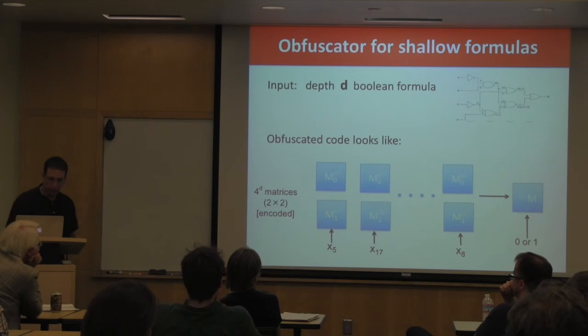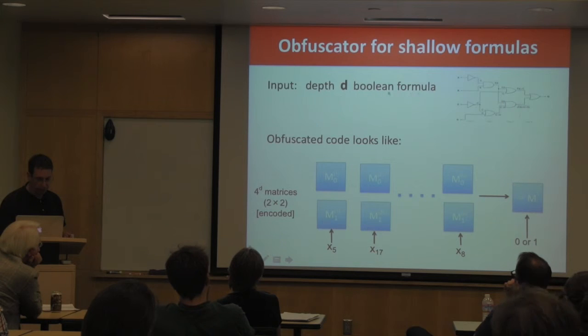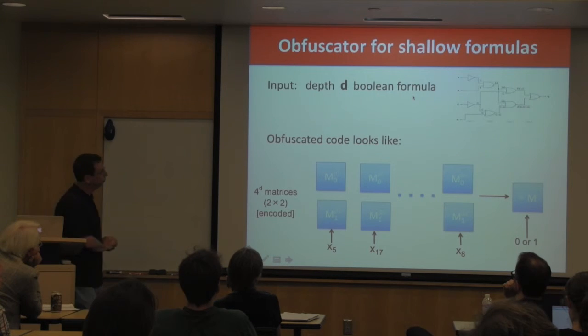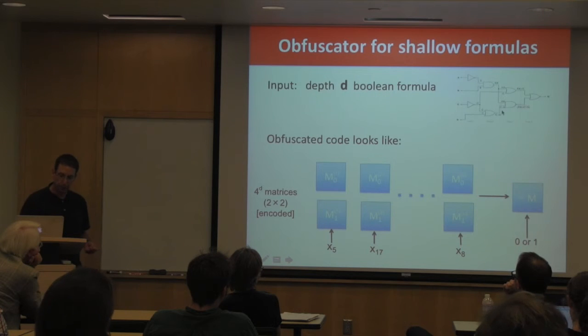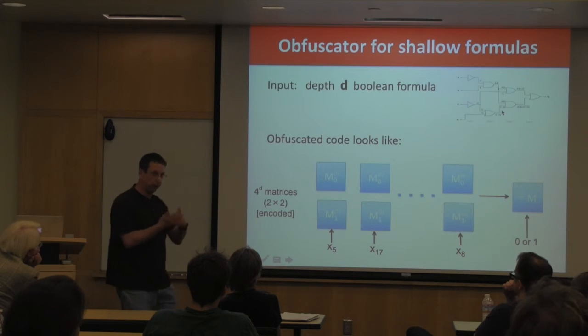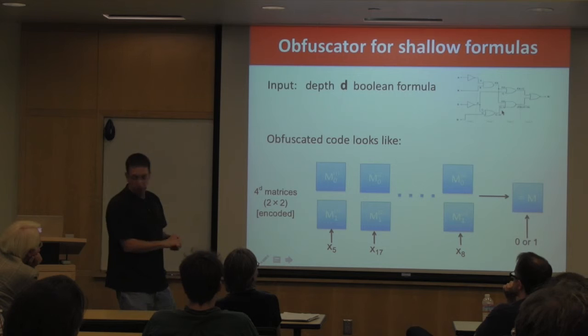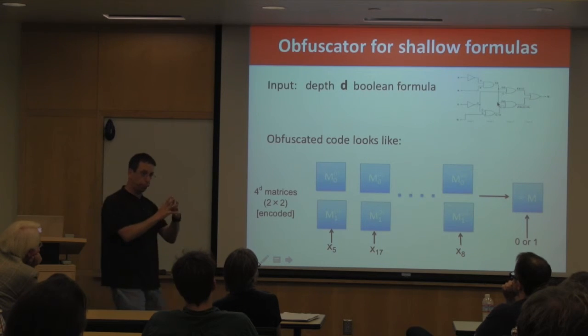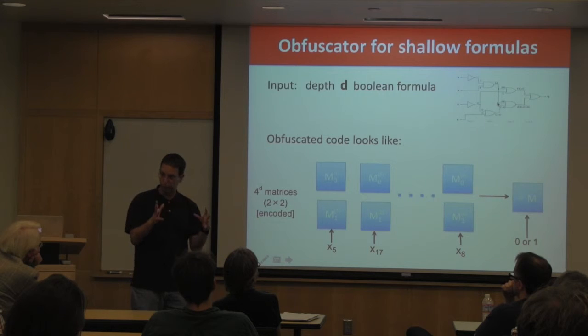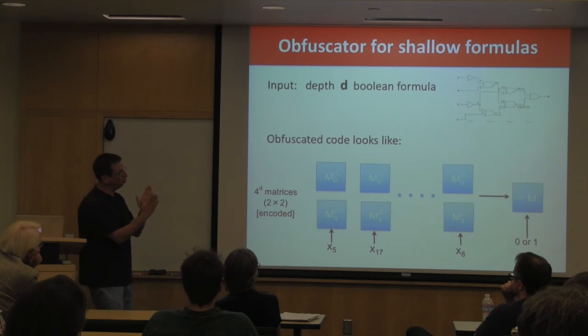So here we have our formula of depth D. The first thing that we do is we apply this conversion called Barrington's theorem that takes an arbitrary formula of depth D and converts it into a product of 4 to the D matrices. So it's exponential in the depth, which is why this can only handle low depth formulas.